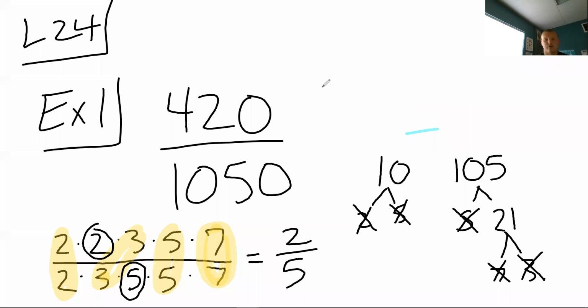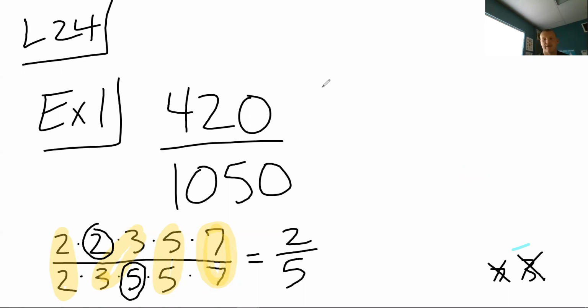What is the greatest common factor between 420 and 1050? Would it be 10? Well, how would we find out? By doing the factor tree. Yep. So when I had my factor tree listed out, what was my greatest common factor between the two?